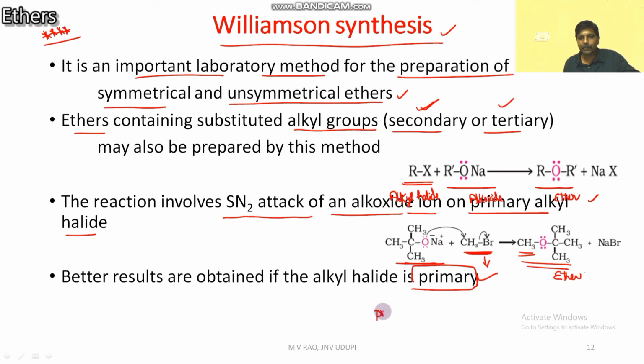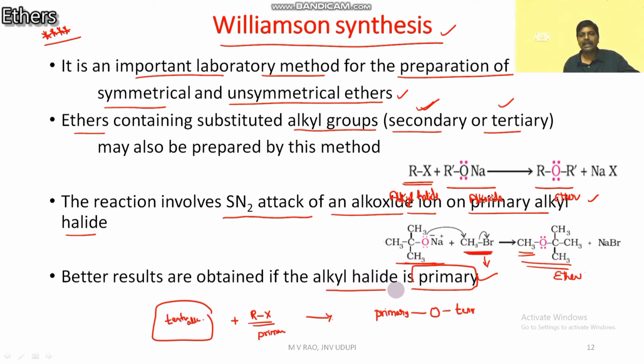So if you want to prepare an ether with one primary group and one tertiary alkyl group, you have to take the alkyl halide always primary, and the tertiary alkoxide as the remaining part. So if the alkyl halide is primary, then only you will get ether.